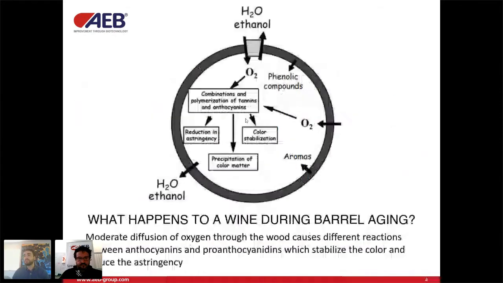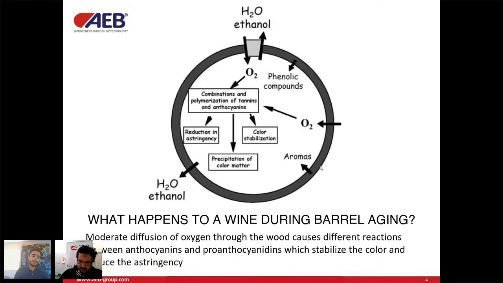So what happens inside a barrel is that oxygen can diffuse into the barrel, and the oxygen reacts with the phenolic compounds of the wine and with phenolic compounds of the barrel that can also share and give some aromas to the wine.